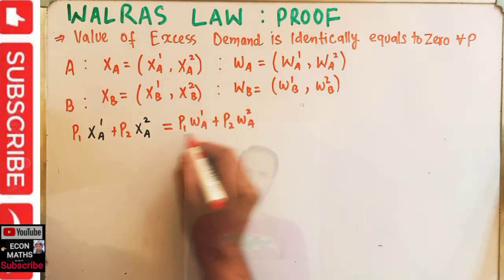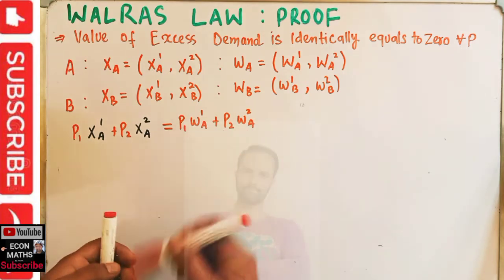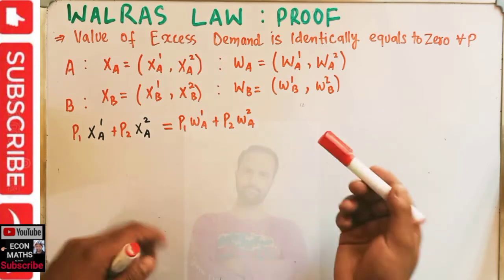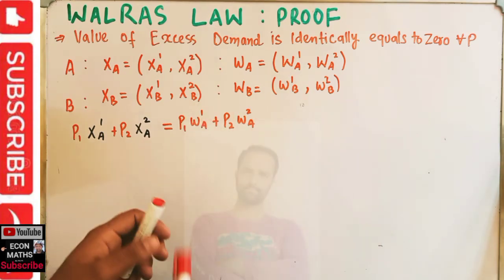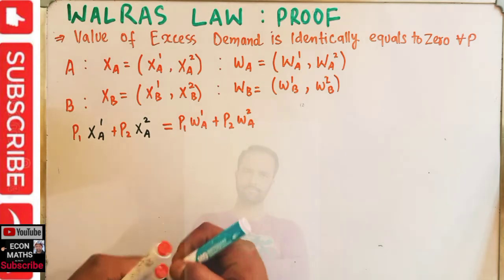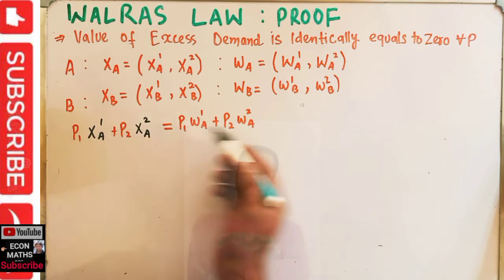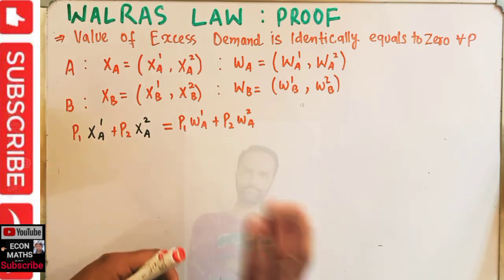So this is the value of his endowment. You can call it the income of the consumer. He has no outside income. We have assumed this in the earlier general equilibrium analysis videos. So this is the budget constraint of the person A.